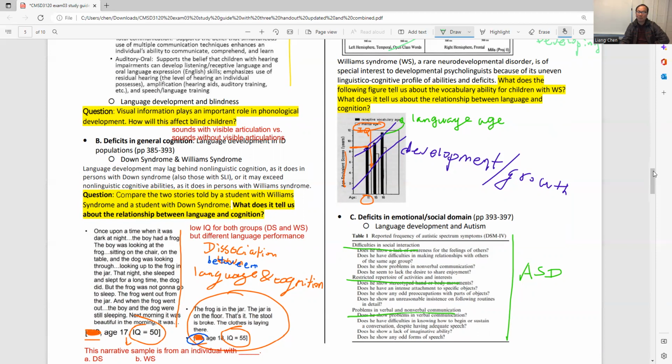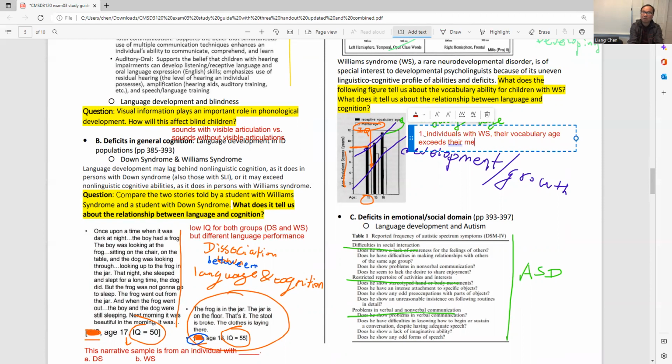First of all, this is all about individuals with Williams syndrome. The vocabulary age exceeds the mental age.